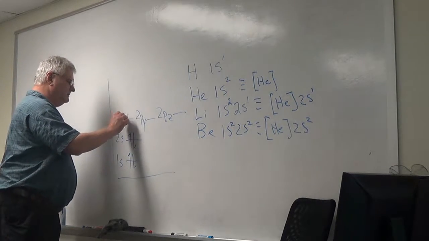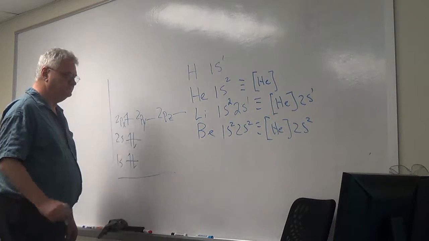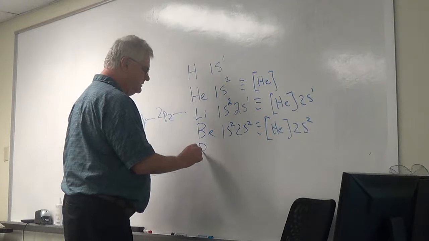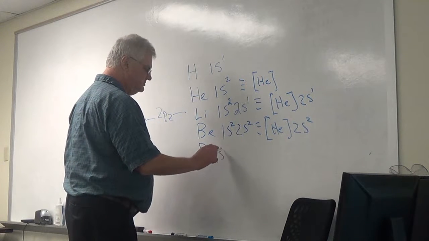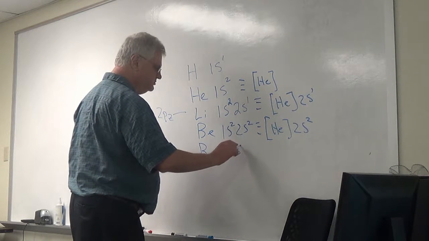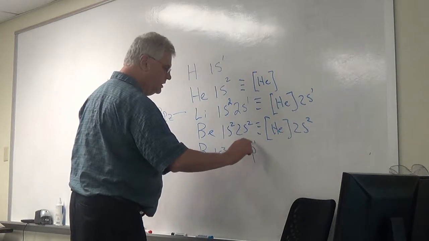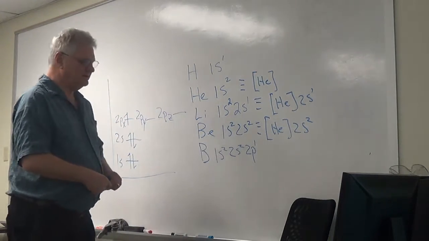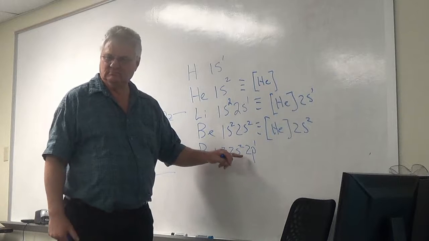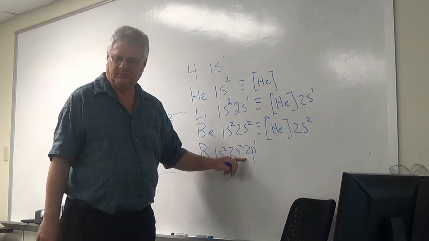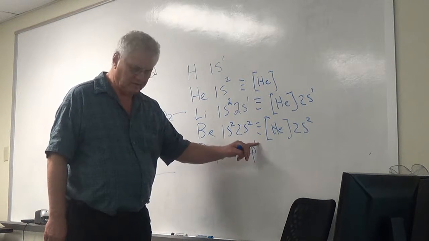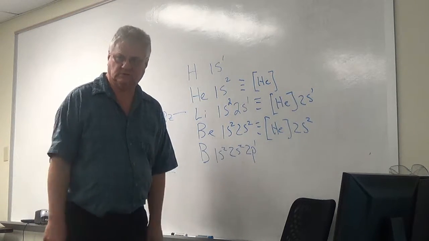So for boron, the 5th electron is here. So for boron, it's 1s2, 2s2, 2p1. And notice that when we write the electron configuration, we don't show all 3 p orbitals. We just say that there's 1 electron in the 2p orbitals somewhere.